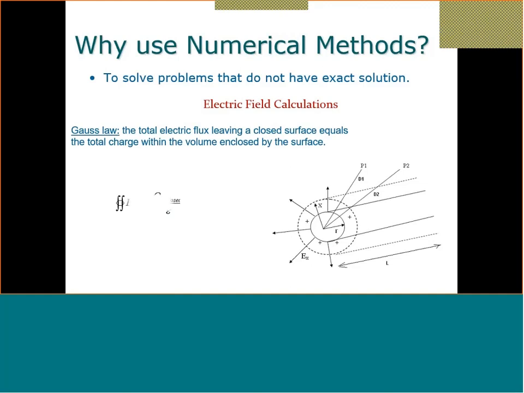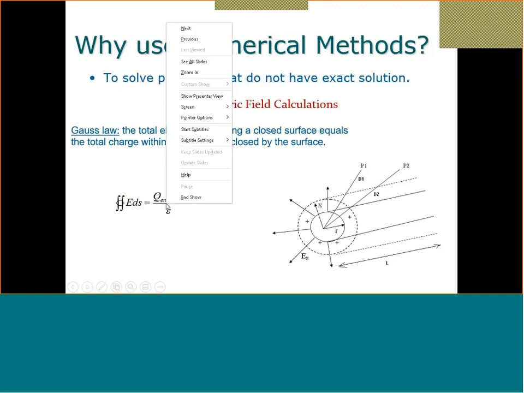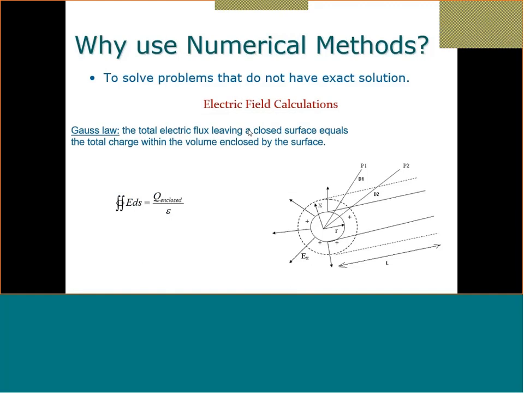Numerically, we take the double integral of the field, equal to the enclosed charge divided by epsilon, the dielectric constant. If you solve it, of course this is not our concern, this is how we find the electric field, equal to the charge divided by a constant and the distance x.